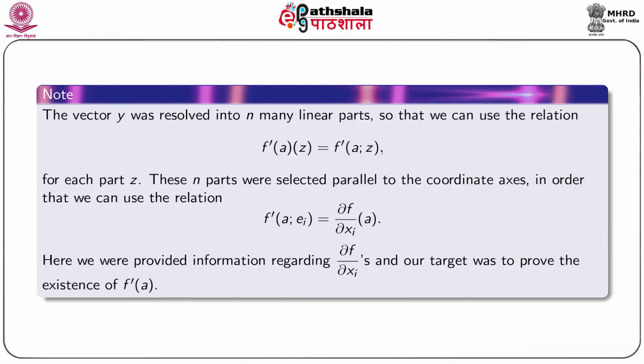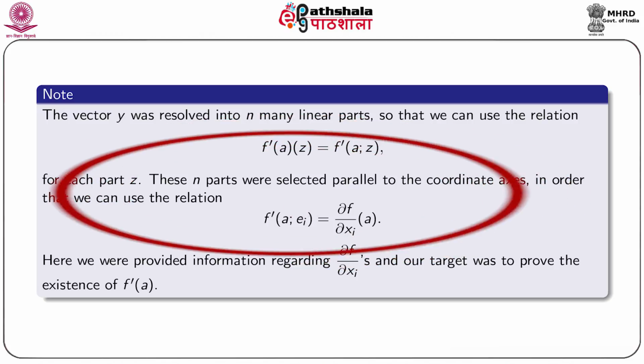In the above proof, we resolved the vector y into n many parts, and our intention was to use the relation: the linear operator f dash a operating on z equals the vector derivative f dash a z, for each part z.